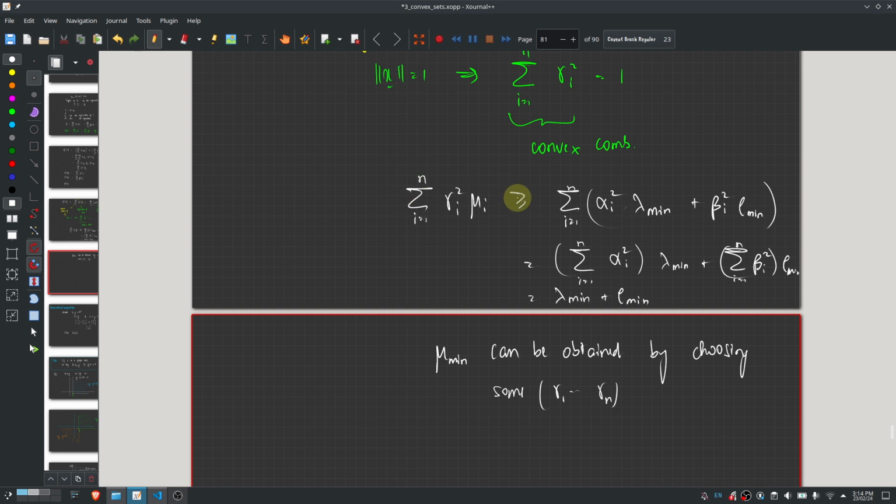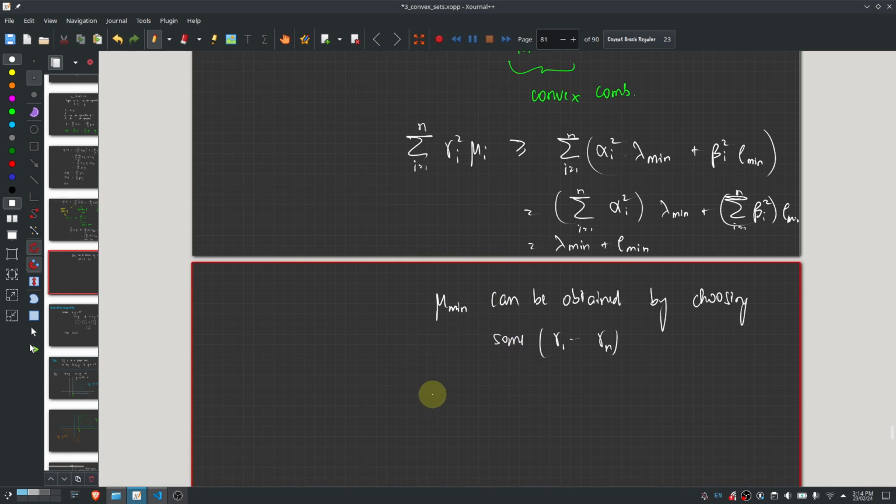This is true for all gamma 1 through gamma n, and by choosing one particular gamma, basically they'll all be 0 except a 1, where you put 1 corresponding to mu min and 0 for all the other mu's.